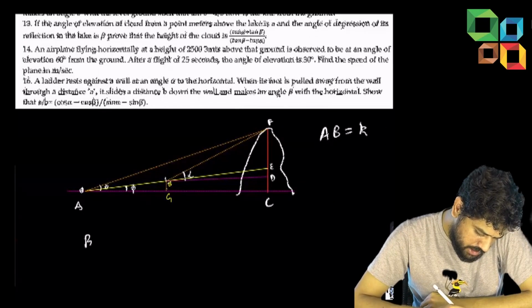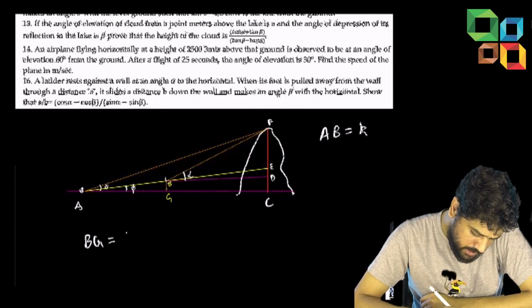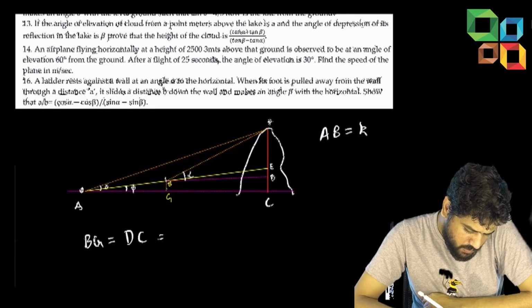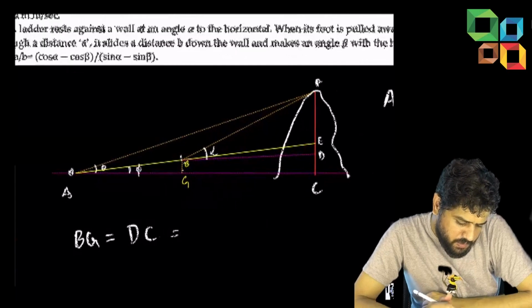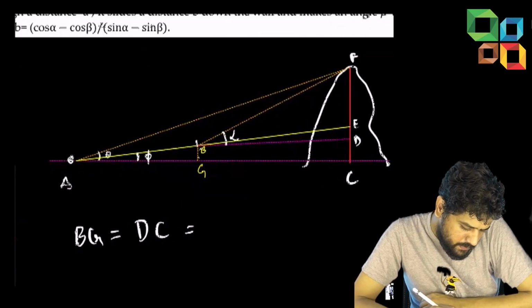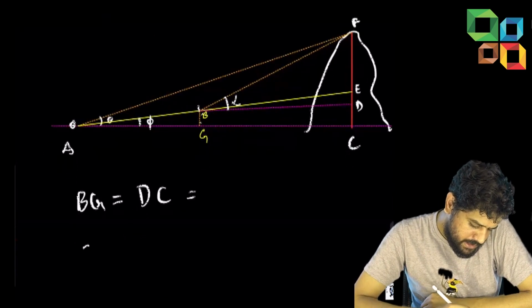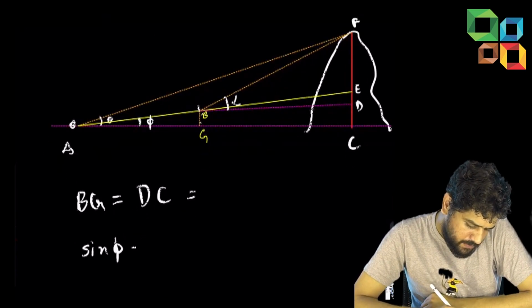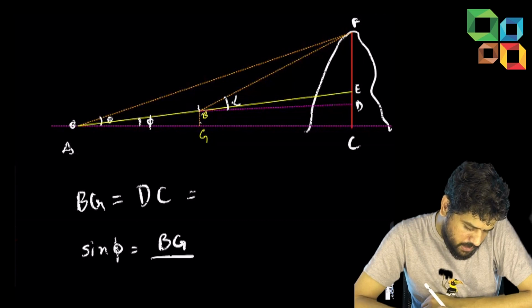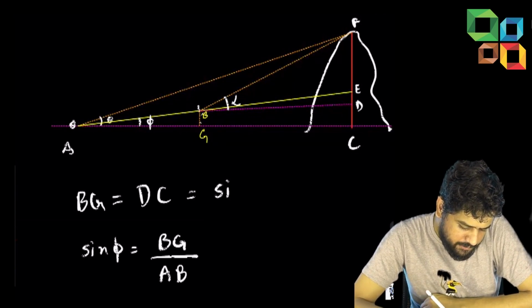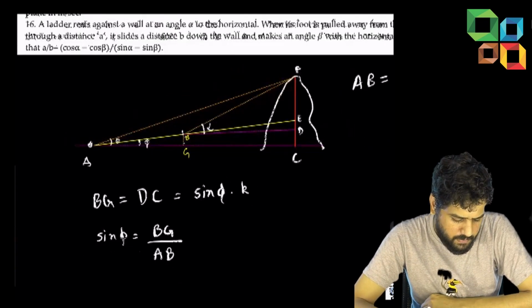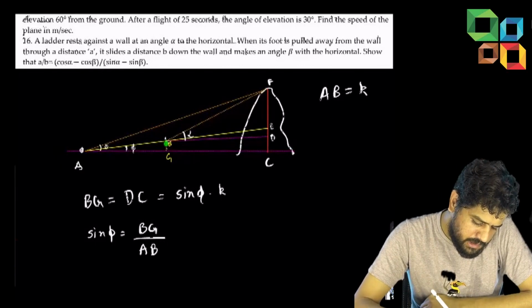So BG is equal to DC, which is equal to BG. Which ratio should we take, Karthik? Sine, right? Sine phi is BG upon AB. So BG is sine phi times AB, which is k. Okay. This height is done.